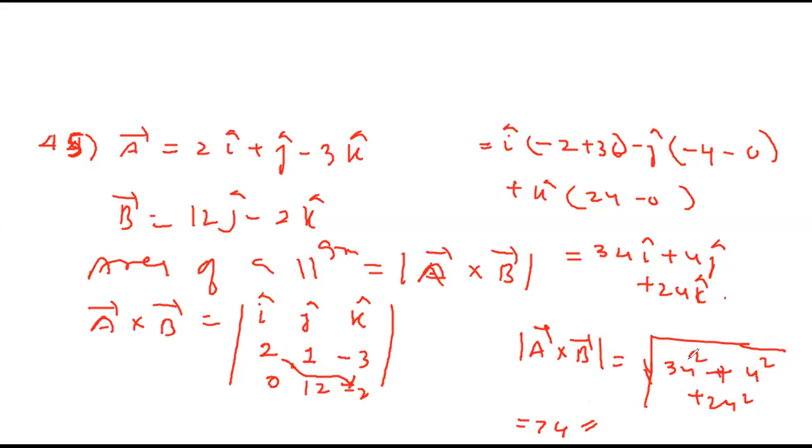If I take this as 30, 30 squared is 900. If I take this as 20, 20 squared is 400. 900 plus 400 will be 1300.